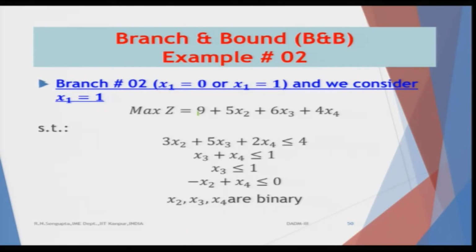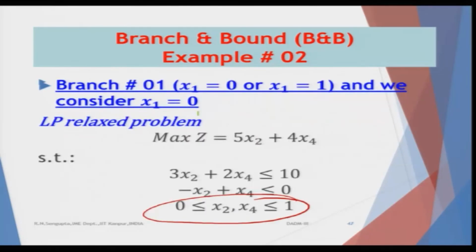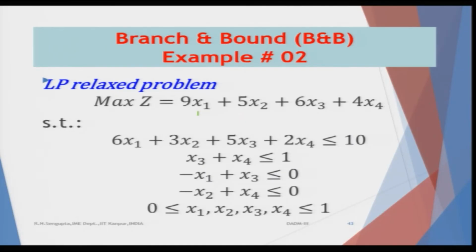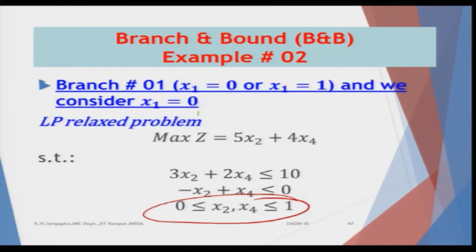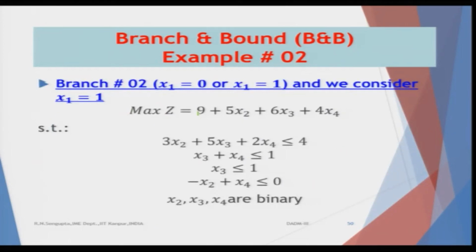Then the last part of the objective function is 4x4, and what are the constraints? There are 4 constraints. The first constraint is 6x1 plus 3x2 plus 5x3 plus 2x4 is less than or equal to 10. So 6 into 1 is 6, it goes on to the right hand side, 10 minus 6 is 4, that is why it is 4.